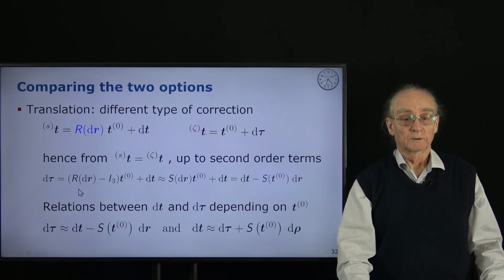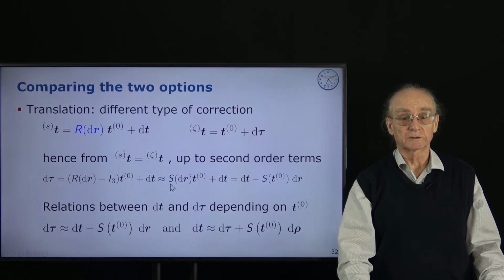Now, what do we see here? A small rotation is a unit matrix plus a skew-symmetric matrix up to first order. And that means if we subtract the unit matrix here and here, we are left with the skew-symmetric matrix of the rotation vector multiplied with t0 plus dt. Now, this is not an expression which we like because we would like to have the dr on the other side.